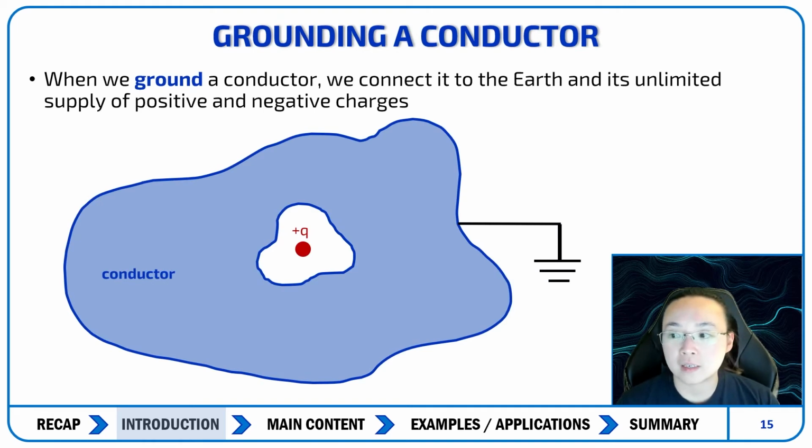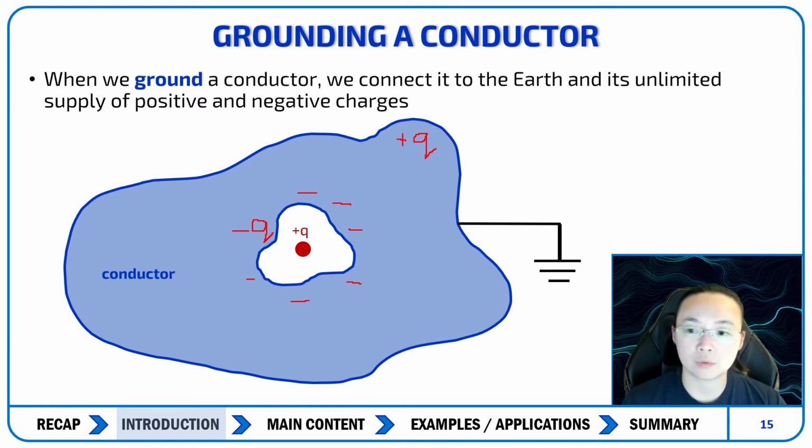So let's take a look at another example. What happens when we ground the conductor? So we already have an overview of what happened before. The minus Q is going to attract minus Q onto the inner surface and therefore push a charge of plus Q onto the outer surface. What happens when we ground a conductor is that we're going to connect it to the earth as well as its unlimited supply of positive and negative charges.